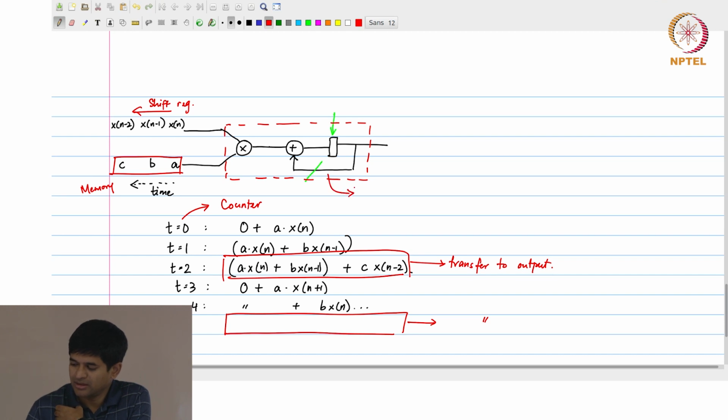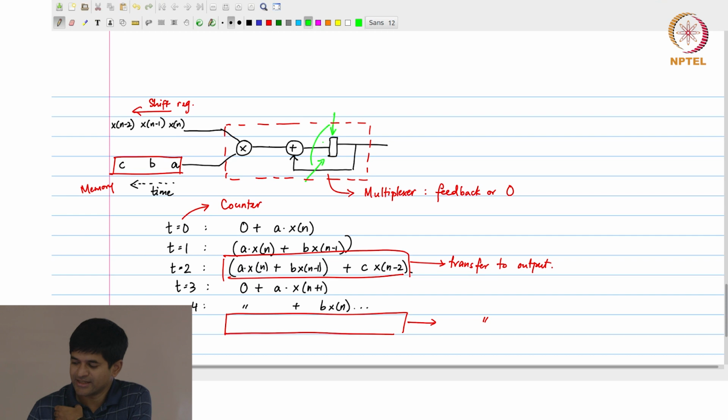I need a multiplexer out here, either feedback or 0, which is essentially related to this. So the two green things are essentially related to each other.